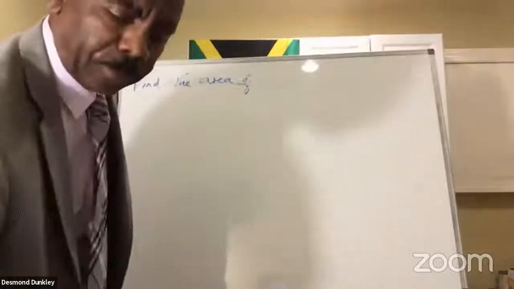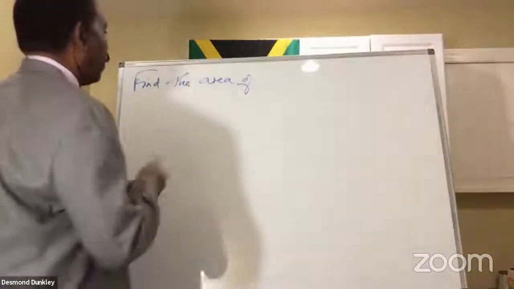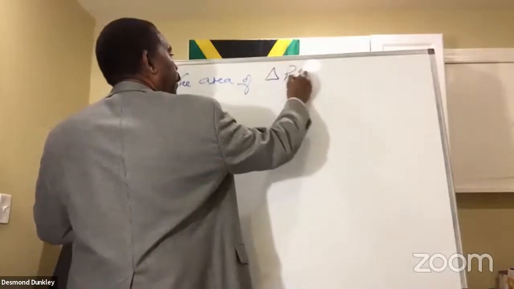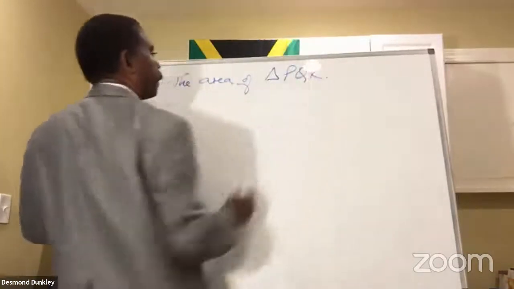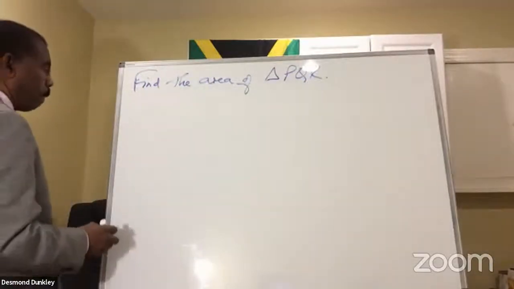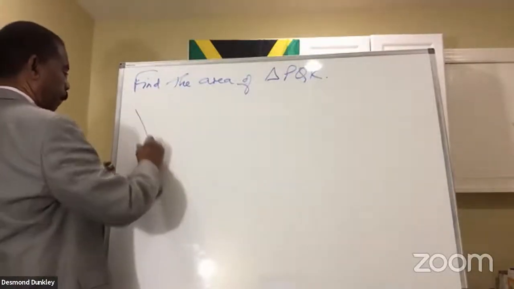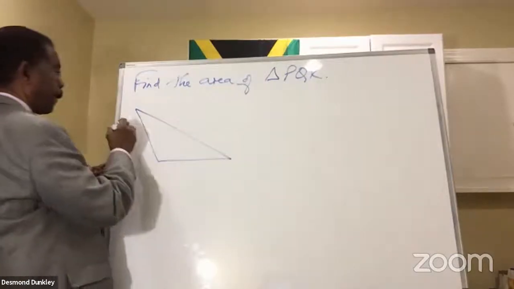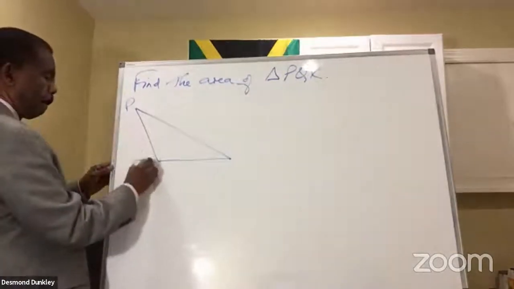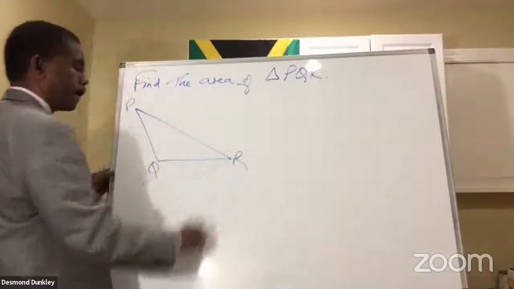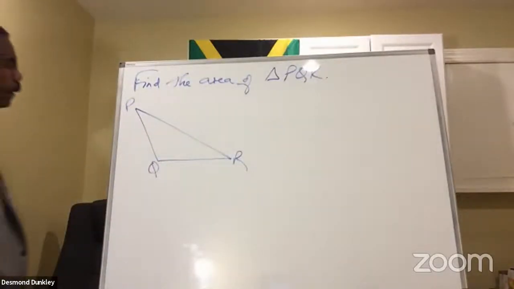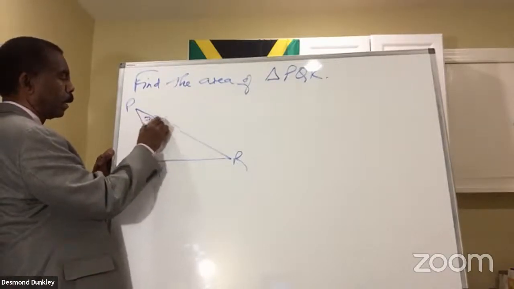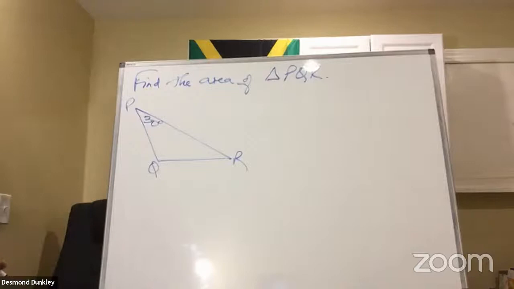Okay, so find the area of triangle PQR. Let's use this as 30 degrees.